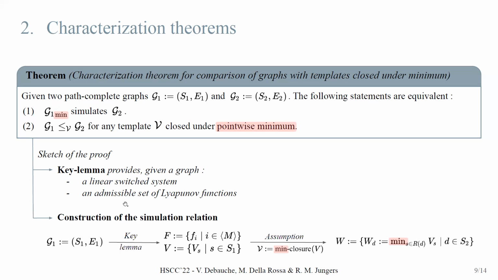As a second step, we apply this lemma to G1, and we consider as template the mean closure of the solution V. Then by assumption, we know that there exists a solution for G2 in this template, and this solution defines implicitly the simulation relation between G1 min and G2. Similarly, we can prove the same result for the max lift and the class of templates closed under pointwise maximum, and the proof is similar, even if the key lemma here is obtained by duality.